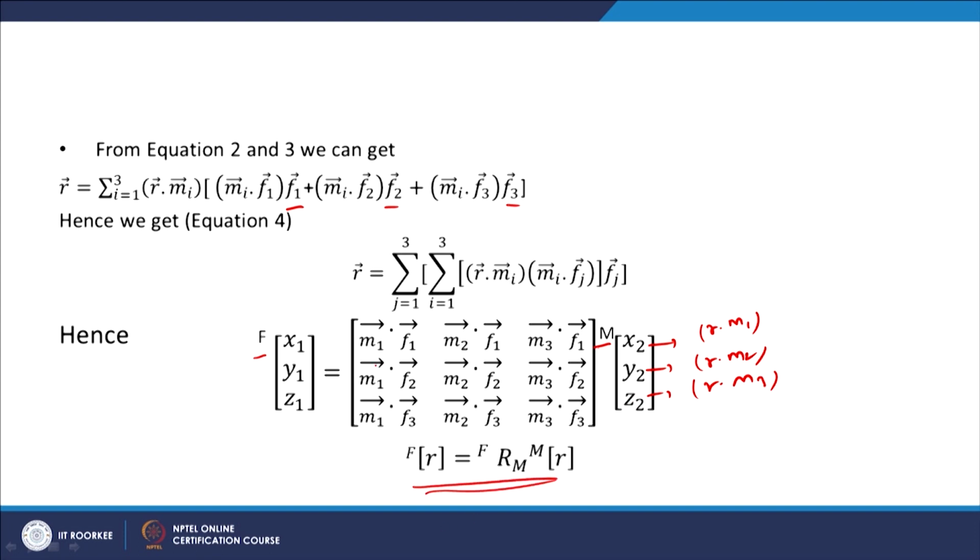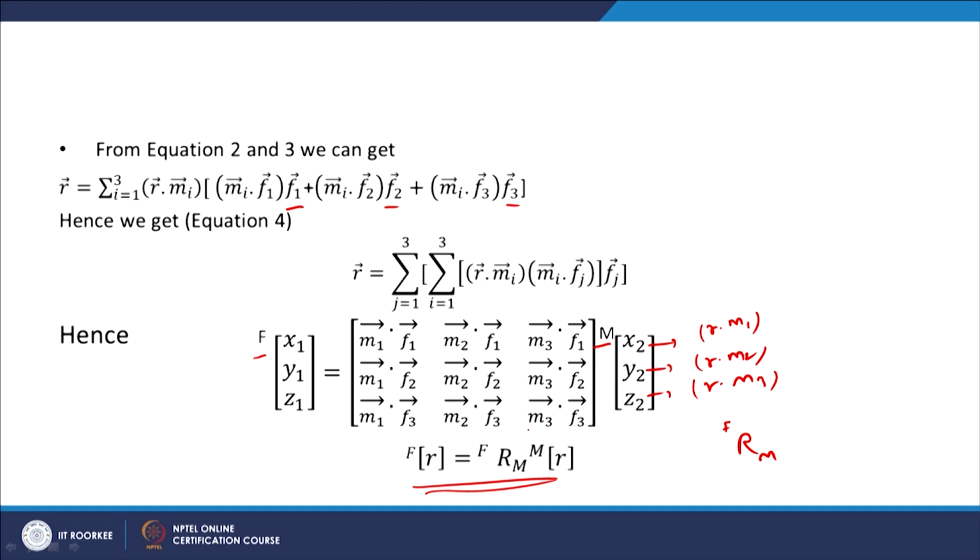So, if you observe the first column of this matrix F R M, the first column is nothing but the coordinates of the vector m1 with respect to the f1, f2, f3 coordinate frame. Similarly, the second column represents the coordinates of the m2 vector written with respect to the f1, f2, f3 frame.